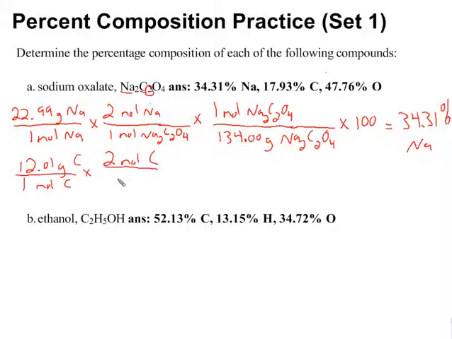So 2 moles of carbon for every 1 mole of our compound, Na2C2O4, and then we multiply that by our conversion, 1 mole of Na2C2O4 per gram.